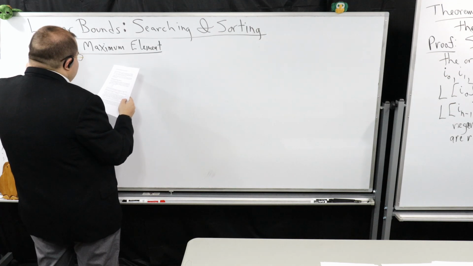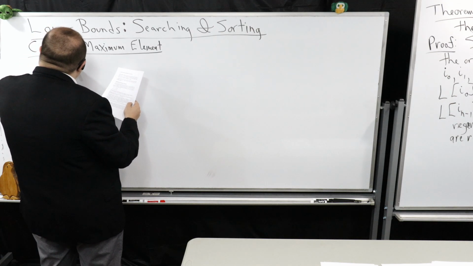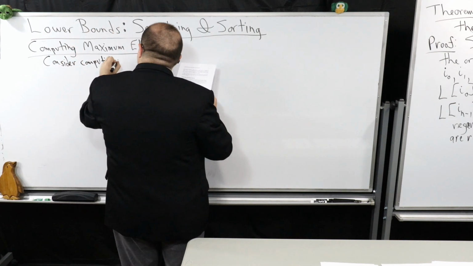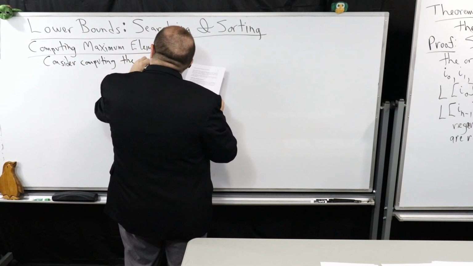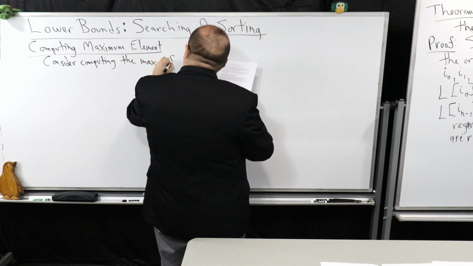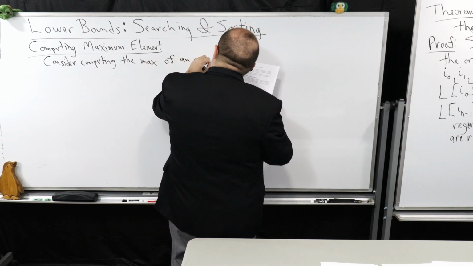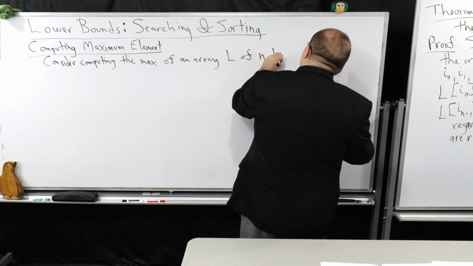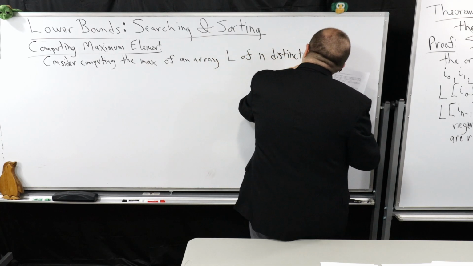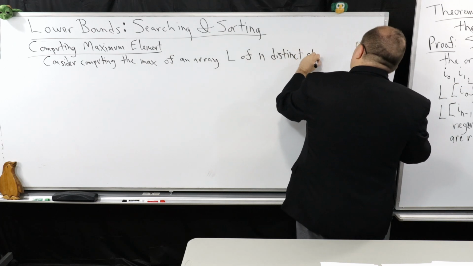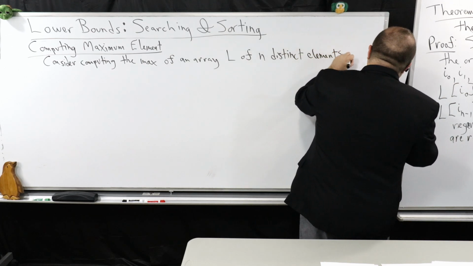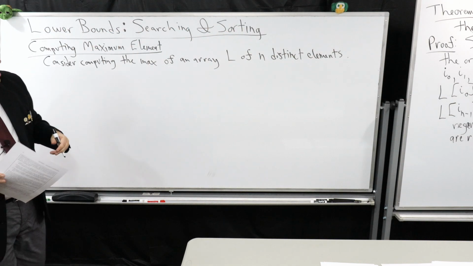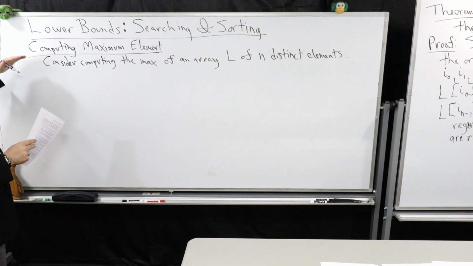So I'm going to consider computing the maximum of an array L of n distinct elements. Distinct just means unique. I can use an argument similar to the one I had before, and no worries, it will be up in the video.